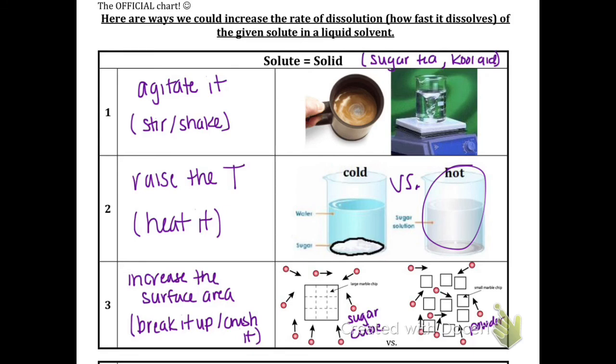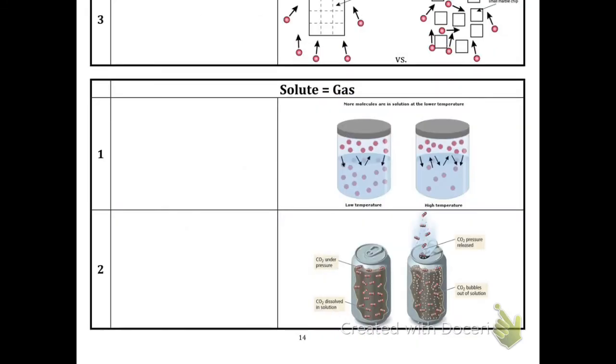Okay. Now, this next part right here is when we are talking about when the solute is a gas. So when we put a gas into a liquid, what's the example that you think of? Think of carbon dioxide in soda. How do you like your soda? What makes it so good, that carbonation? People generally like their soda very cold, right?